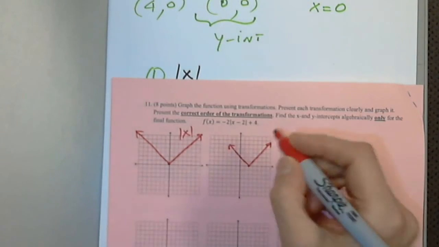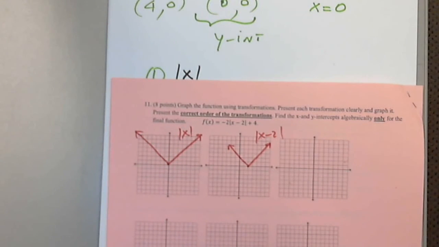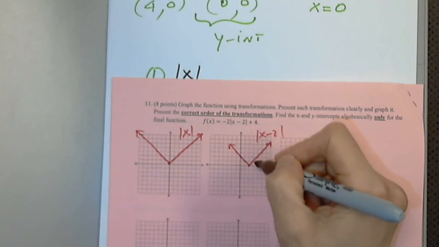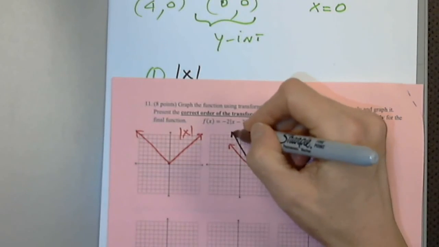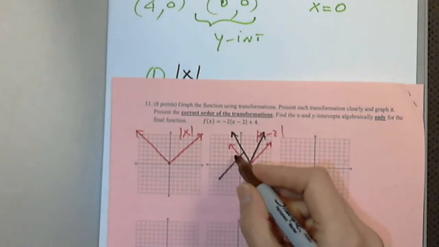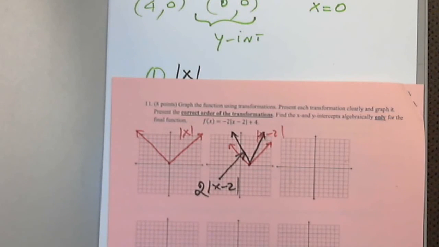So this is the absolute value of x, and this is the absolute value of x minus 2. Then you told me to vertically stretch by a factor of 2. If this is 1, it's going to be something like this. So this is the absolute value of x minus 2 with 2 in front.